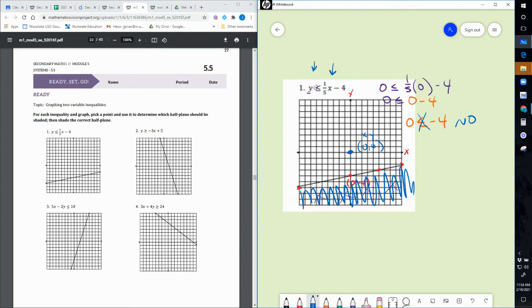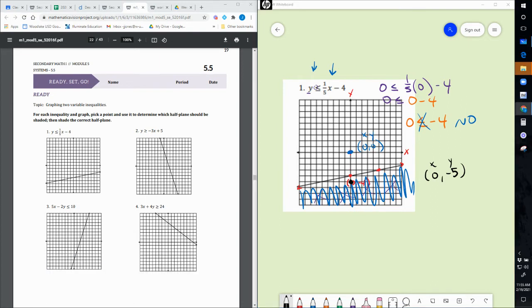Okay, let's talk about what would have happened if you would have plugged in a point in the right spot. So I'm going to choose a point, I don't know, I already shaded it in, it's all ugly, but there's a point right here, 0, negative 5. Okay, so if x is 0 and y is negative 5. In fact, plug it in and see what happens. I'm going to do it for you in a second. Pause the video if you would.